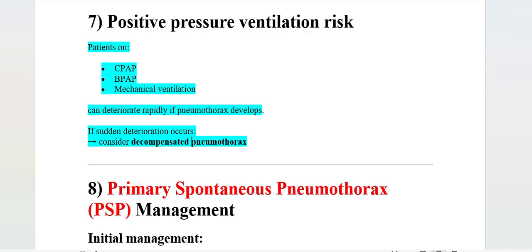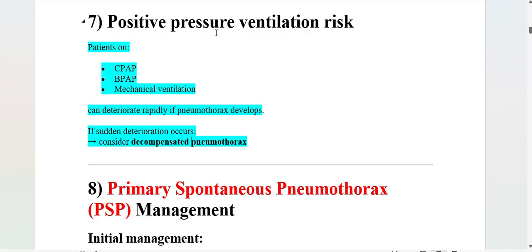So don't be confused. But remember, if we have a patient with blunt trauma or injury, and we want to put the patient on CPAP and BiPAP, we have to do the chest tube drainage. We have to put the tube first, and then we can put the patient on CPAP, BPAP. Okay, understand? Very, very, very important point. And the same for mechanical ventilation.